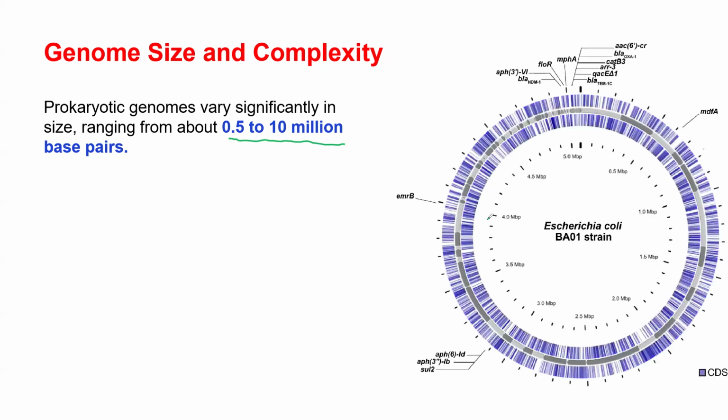So look at it. This is a typical example of the Escherichia coli strain. And these are the genes that are found. All these are genes. Look at it, this CDS means coding sequence.